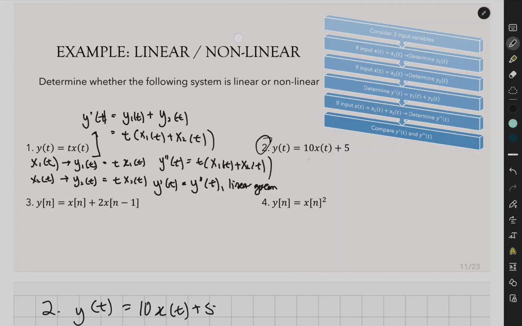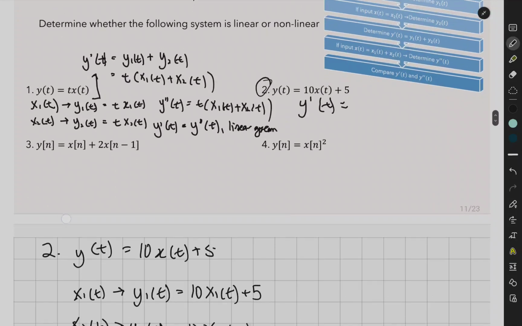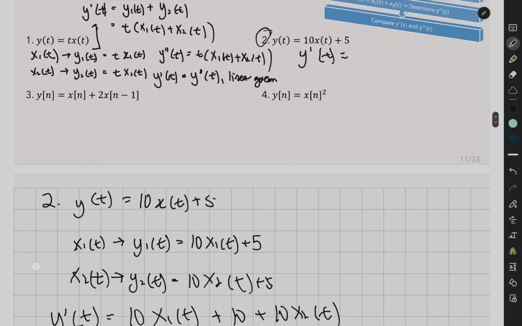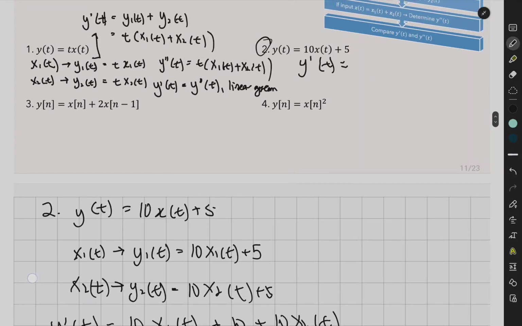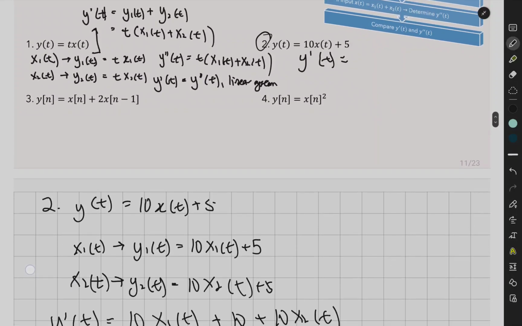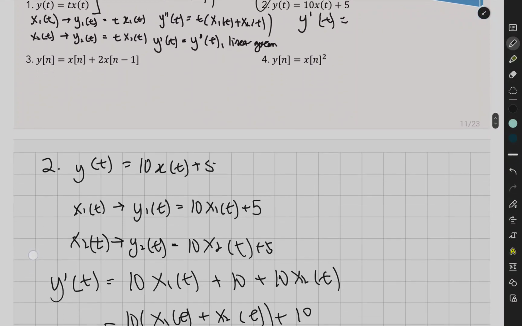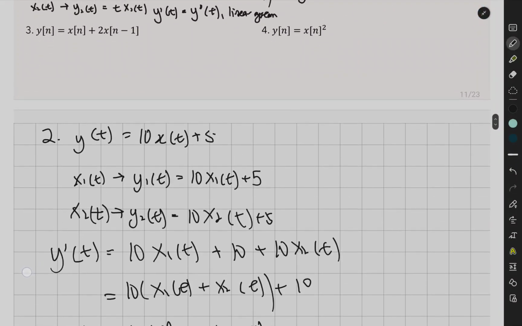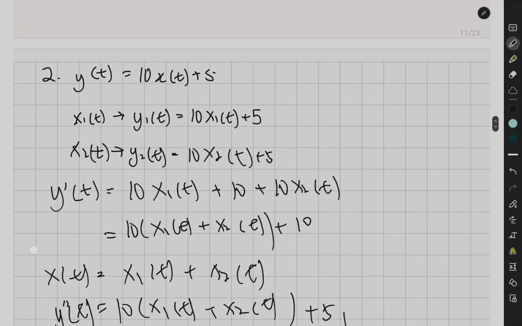We take series first. For series we always use one function only, and for parallel we use two functions. So how should we start? x1(t) gives y1(t) equals 10x1(t) plus 5, and x2(t) gives y2(t) equals 10x2(t) plus 5.